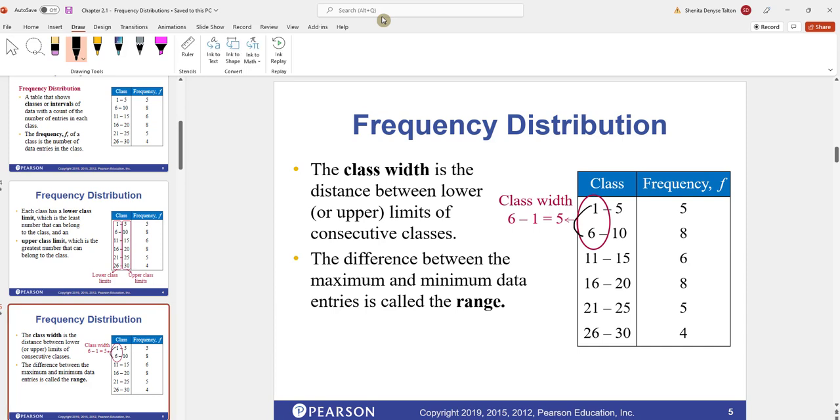You take 6 minus 1, that is 5. You do it again, 11 minus 6 is 5. 16 minus 11 is 5. So when you have a frequency distribution, all the classes have to have the same width. You can also do it with the upper class limits. If you took 10 minus 5 here, you'll get 5. If you took 15 minus 10, you'll get 5, and so on.